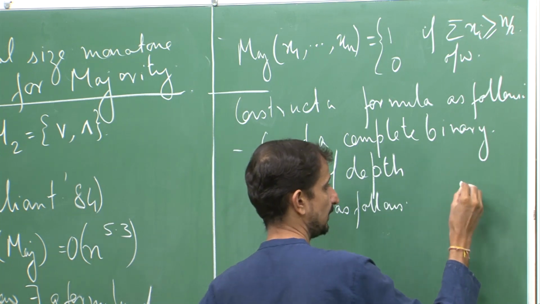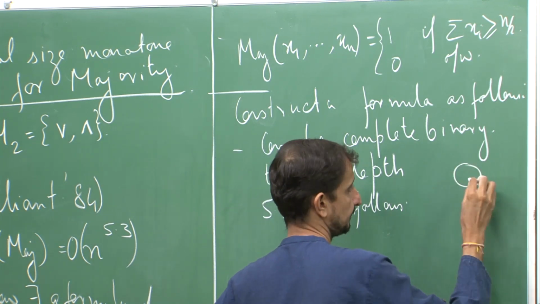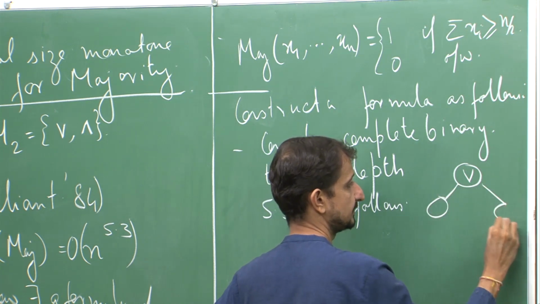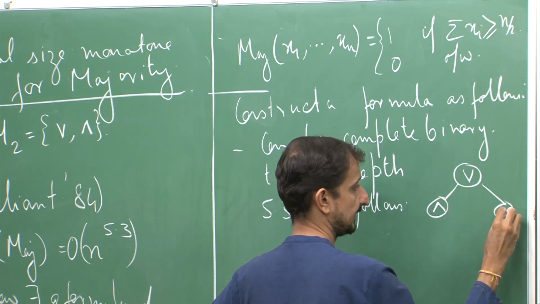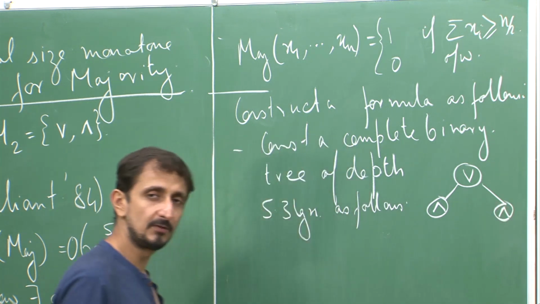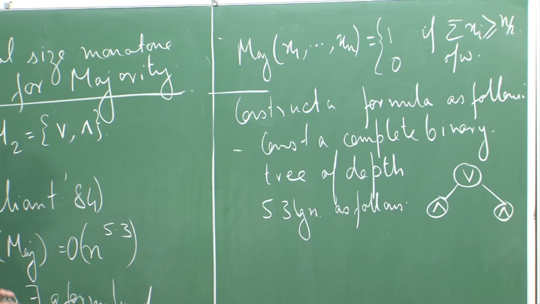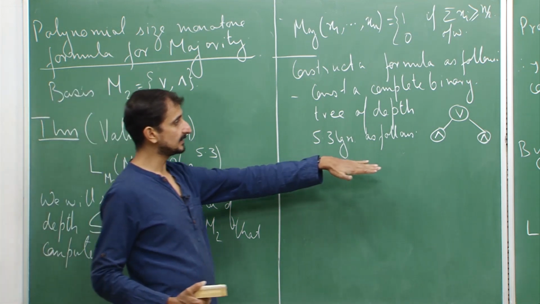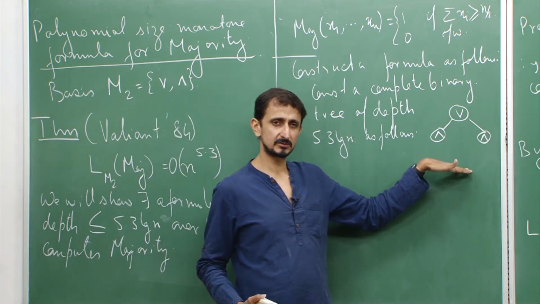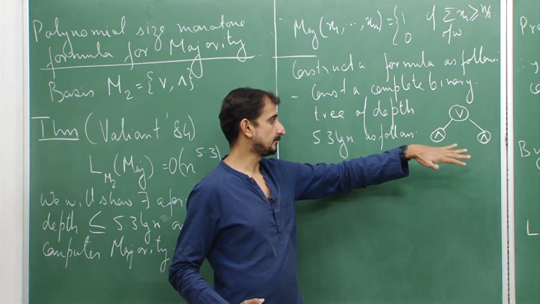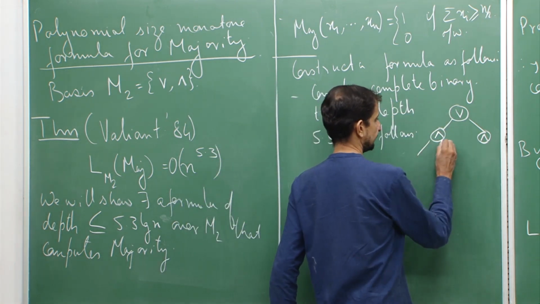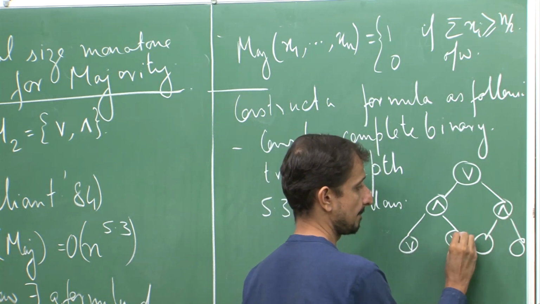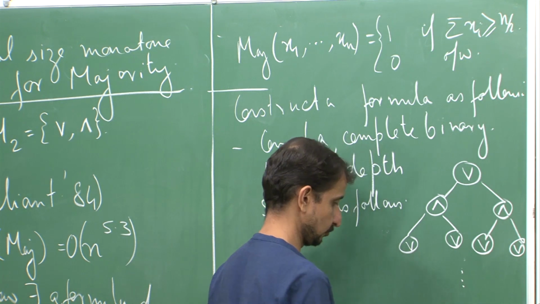Let us say we have an OR gate at the top, then its children will both be AND gates, and essentially we will have this complete binary tree, and alternatingly, in alternate layers, we will put AND and OR gates. Let us say at the first layer we have OR, then we will have AND, then again we will have ORs and so on.